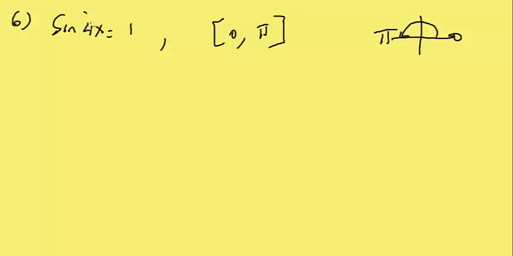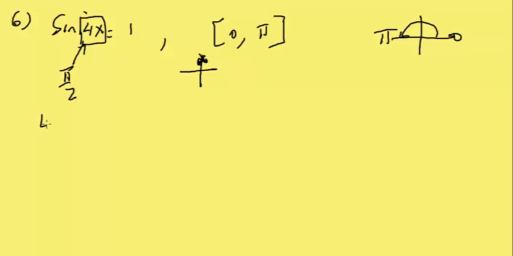All right, so this is 4x. I already solved for sine, so this is my box. What does that have to turn into? When I take sine, it turns into 1. Sine is 1 in only one place, which is right there, and that is pi over 2. So my box has to be pi over 2.